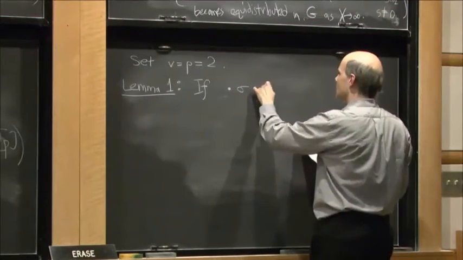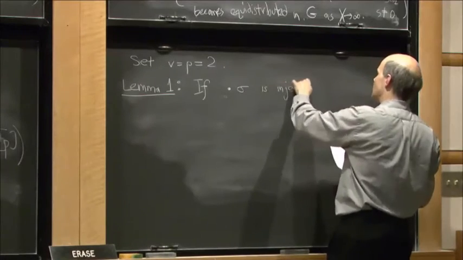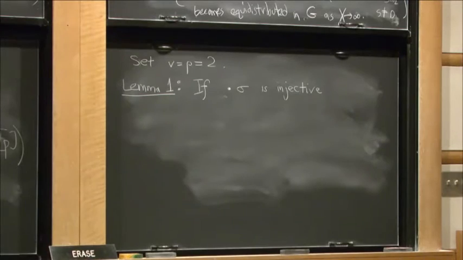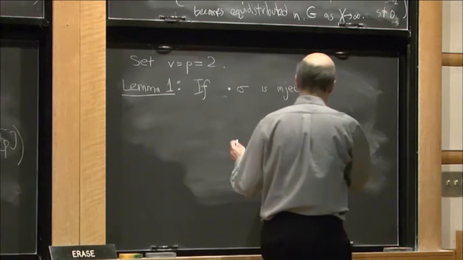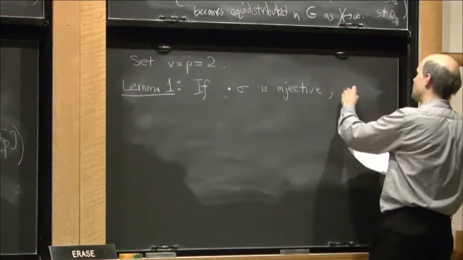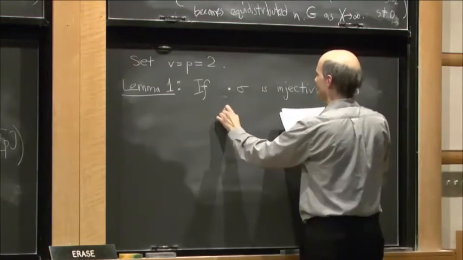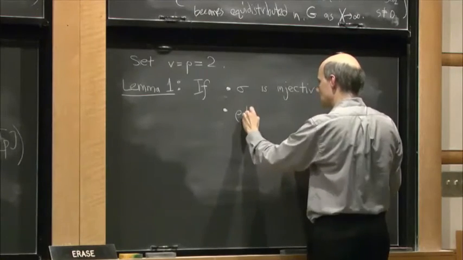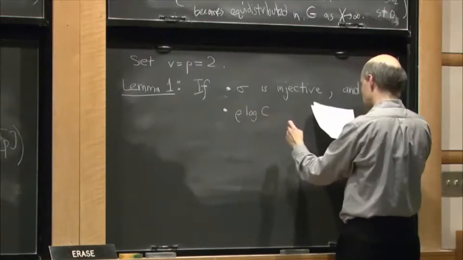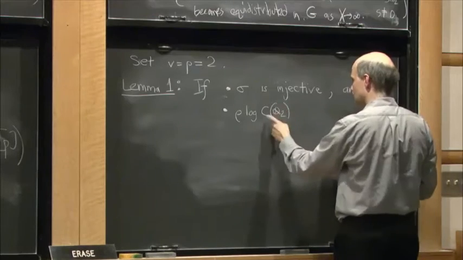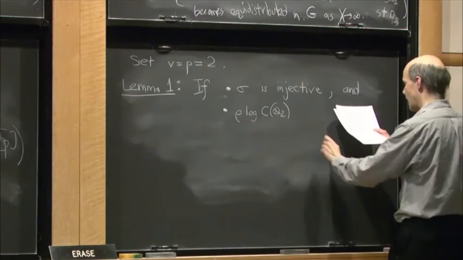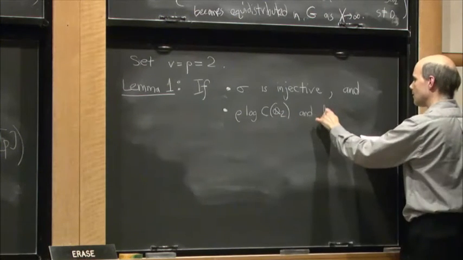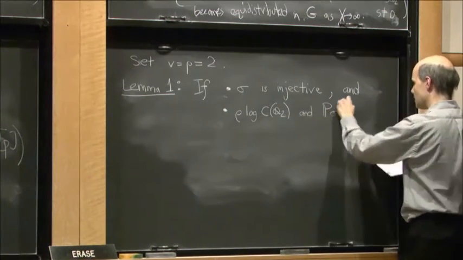Well, if the map sigma that I've put into this diagram, the map from the Selmer group into F_p to the g, is injective, and if also the images of the 2-adic points in the curve under rho log, and the image of the curve and the image of the other, are disjoint.